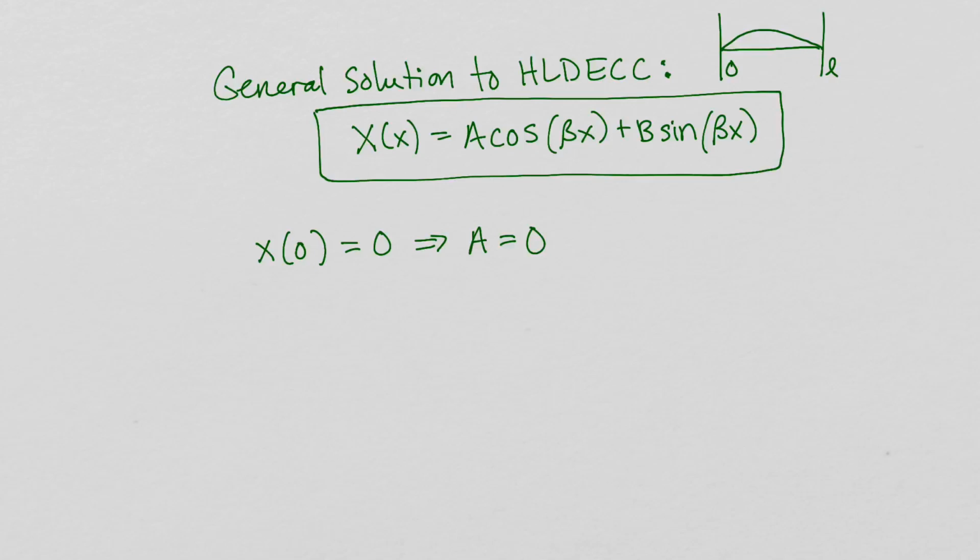Okay, and then we're going to do the same thing with our other boundary. We know that our other boundary over here at L is 0 as well. So X of L also equals 0, but since we have already A equal to 0, that means our B sine beta L has to equal 0.